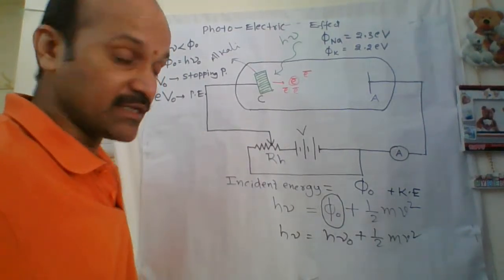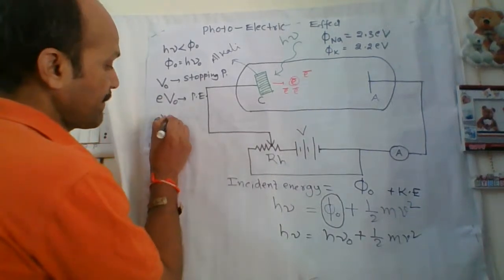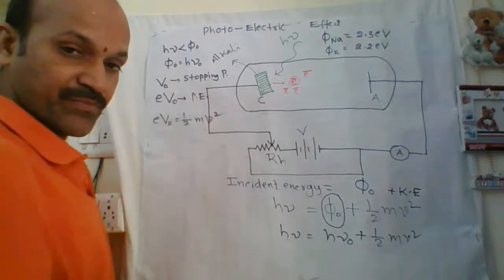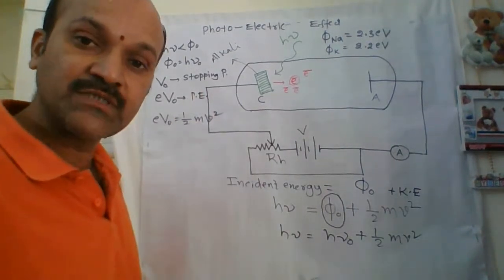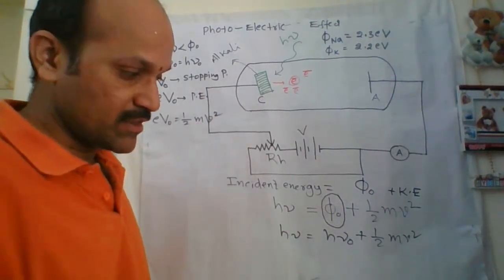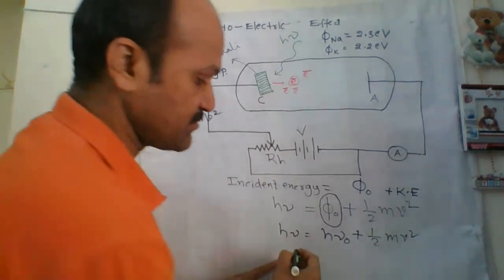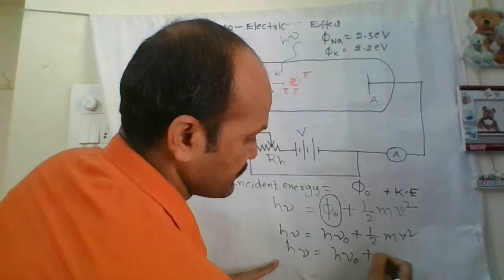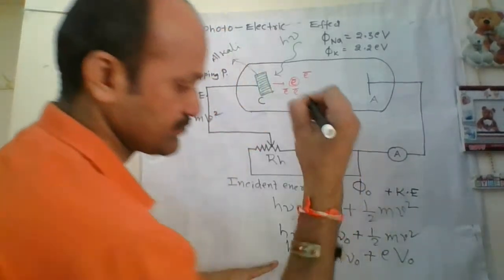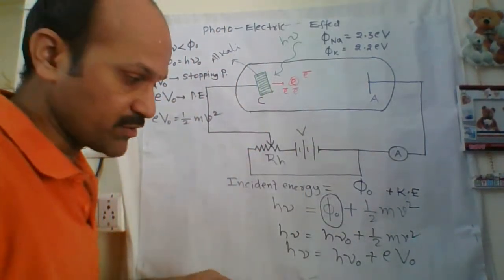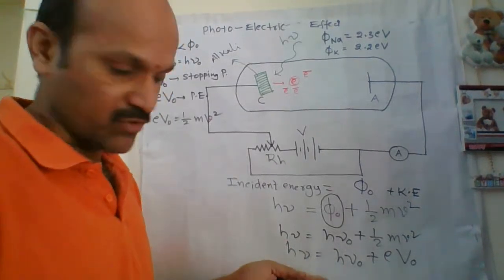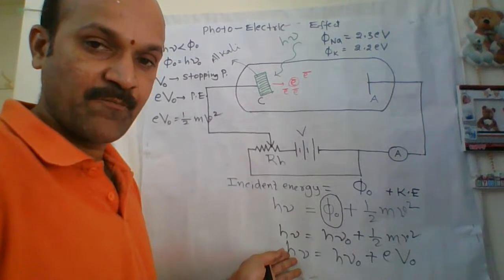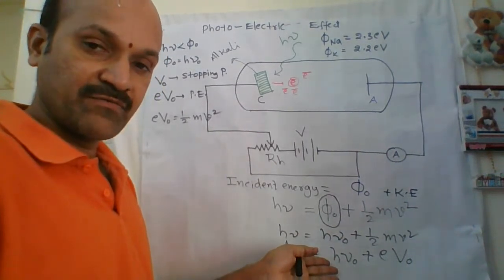So mathematically, eV naught should be equal to the kinetic energy, half mv square. Now we substitute eV naught in this equation. From this, you can calculate whatever they ask. If you know the incident radiation, you can calculate the work function.